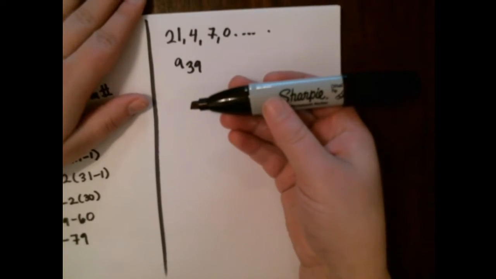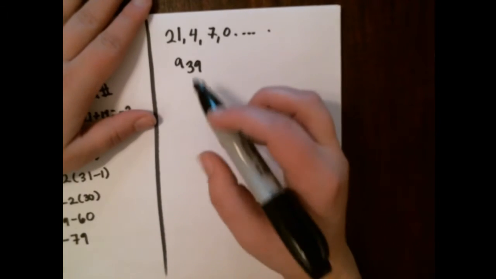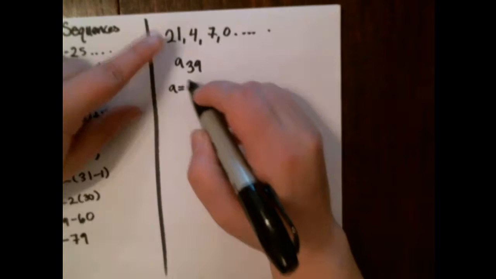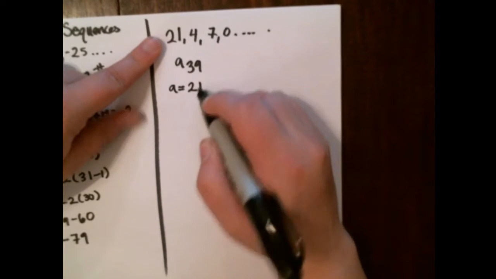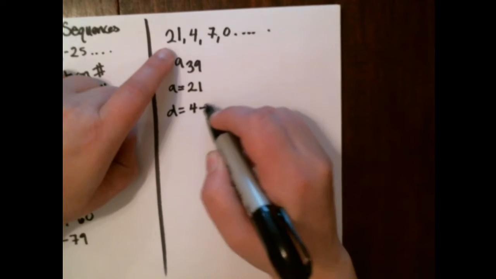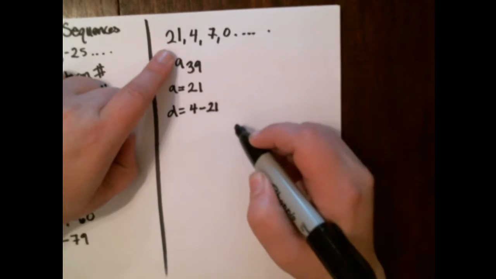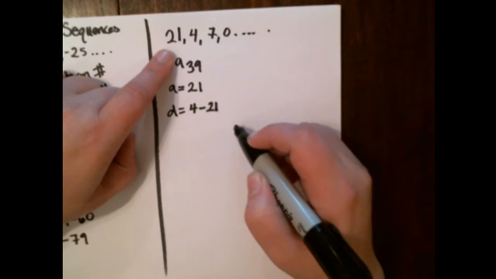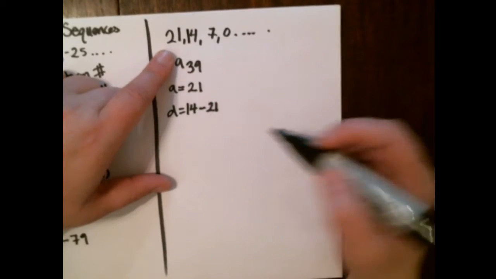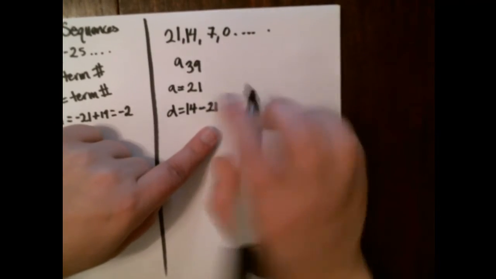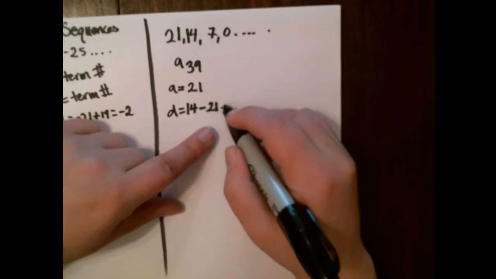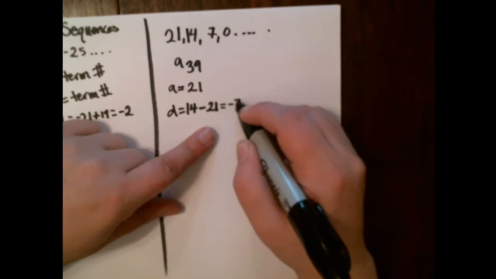Focus, camera. Okay, again, we're going to figure out every single thing. A equals my first term. D equals my second term minus my first term. Oh, that's 14, I'm sorry. 14 minus 21 is going to be negative 7.